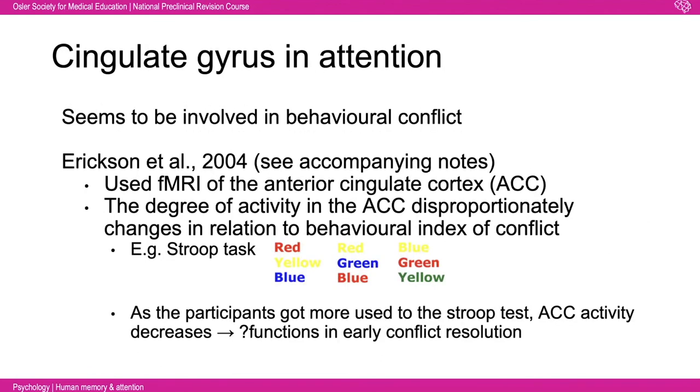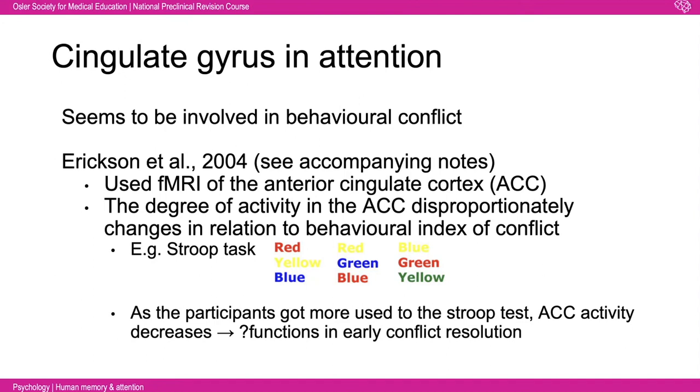And finally, I mentioned the cingulate gyrus. So this is also an area that's classically mentioned in attention, and it seems to be involved in areas where there's sort of conflict between potential behaviors. So this experiment that we're going to talk about relies on the Stroop task.